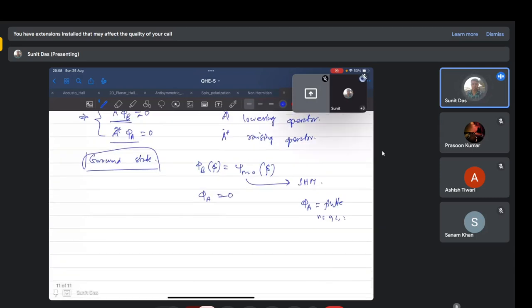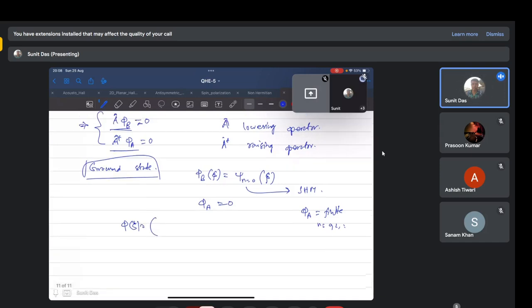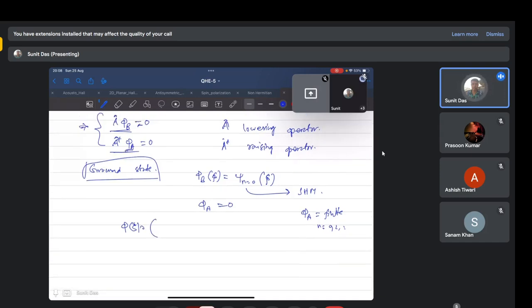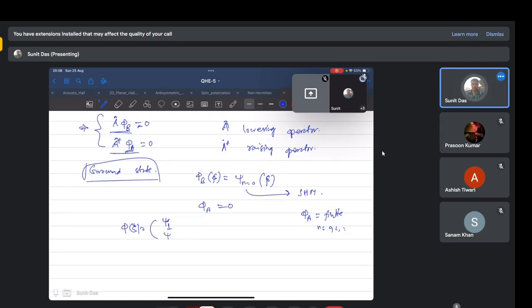So if we take phi a equal to the 1 state, psi 1 of SHM, and phi b equal to n equal to 0, this is not the ground state. The ground state is the lowest possible energy state.